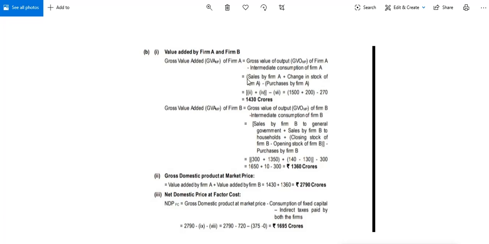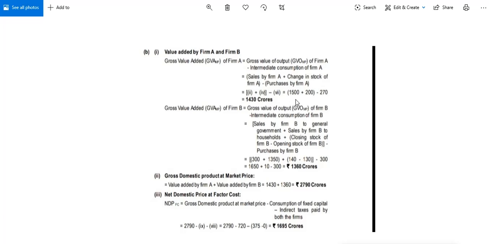So for this purpose, we must consider sales affected by firm A, and of course the change which has happened in respect of stock of that particular firm A, and minus intermediate consumption, that is purchases affected by the firm.